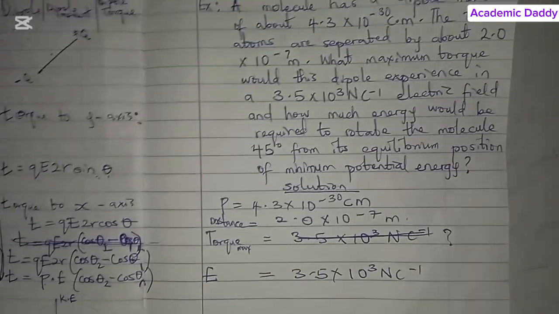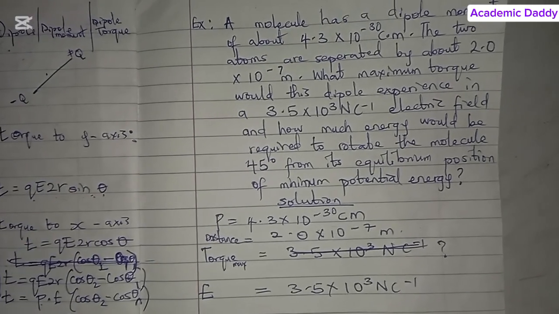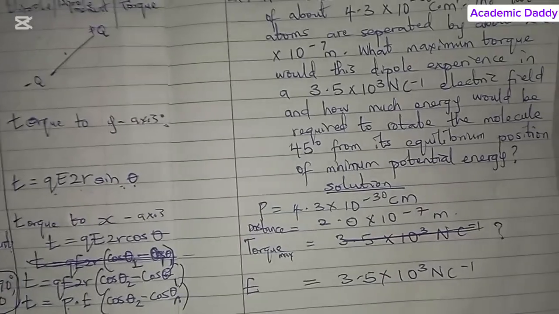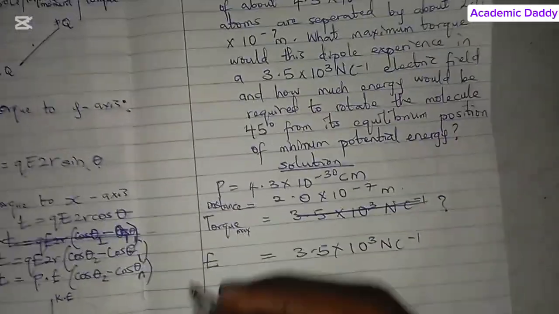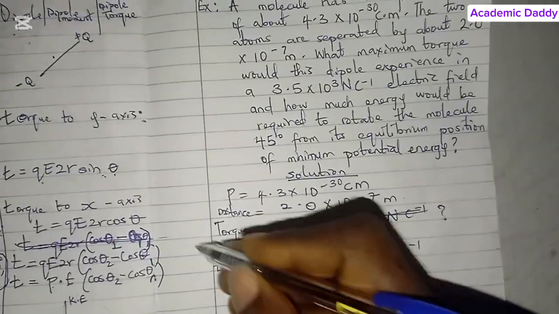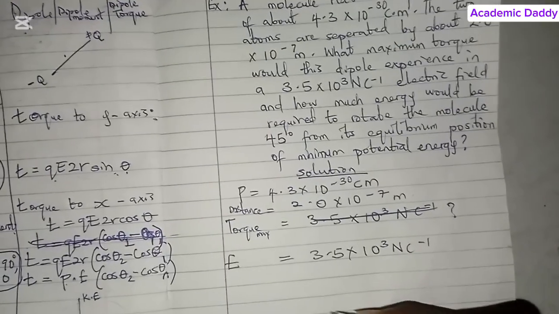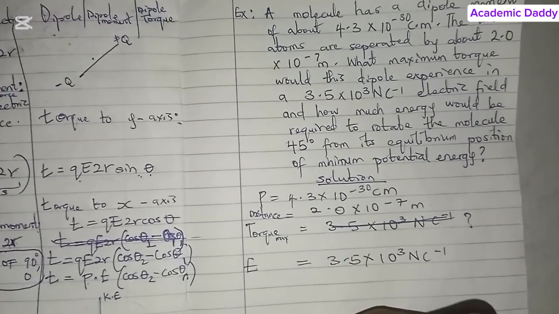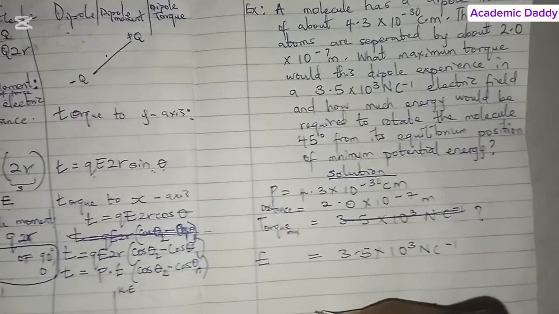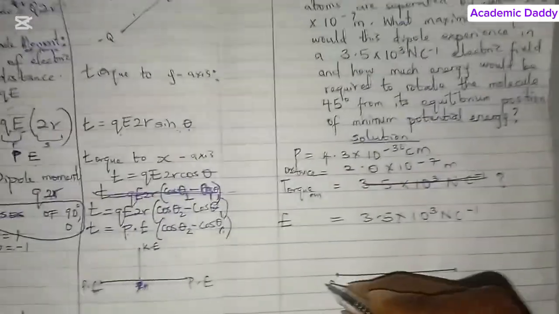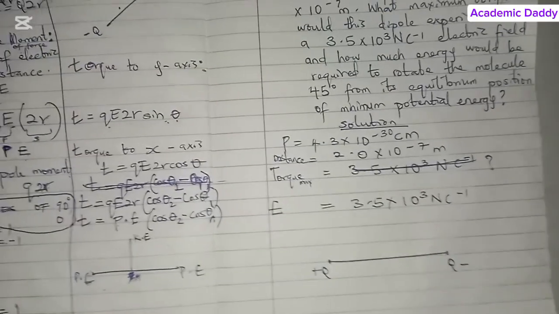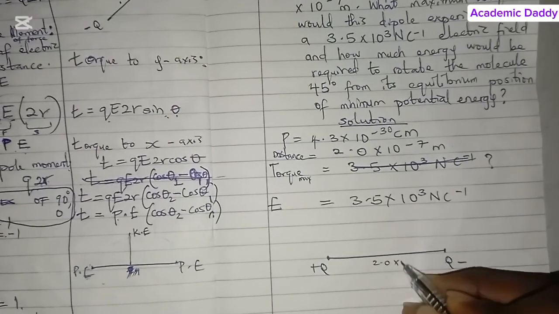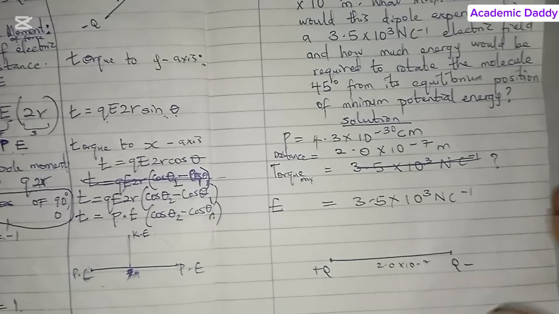To find our torque, they say what is the maximum torque? Torque is maximum. Okay, let's now draw this before we move on. This is the first question. So if I have these as my charges, q plus and q minus, then they gave me the distance between them as 2.0 times 10 raised to the power minus 7.